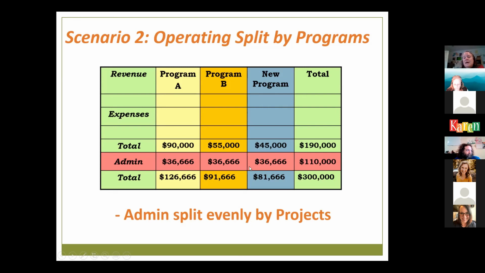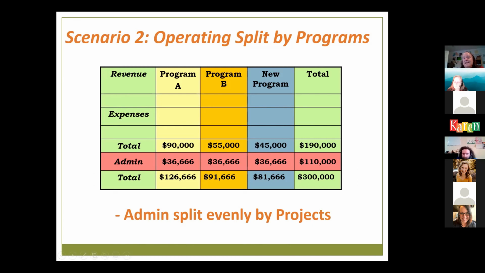So you could say, it makes sense that the new program might have a bigger percentage of the admin costs. And maybe program A basically runs on itself, so we don't need as much admin cost for that. So part of budgeting when it comes to sustaining programs is figuring out how we can get some of our administrative costs paid for by these new programs and existing programs that the funders want to give grants to.